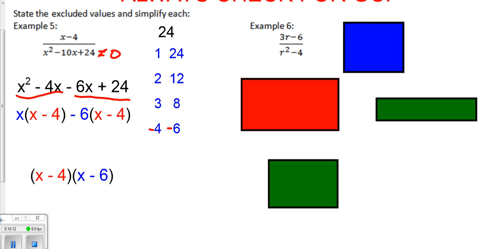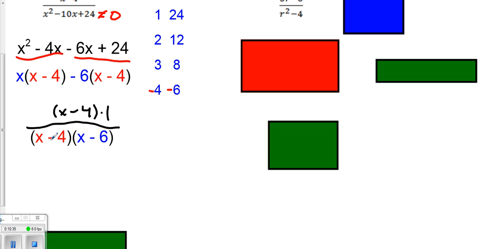Remember, we still have to include that piece on top, in parentheses, x minus 4. I know it didn't have parentheses before, but it might be easier to put parentheses on there so you can see that that is one factor itself. That is one piece. It's like saying that times 1.